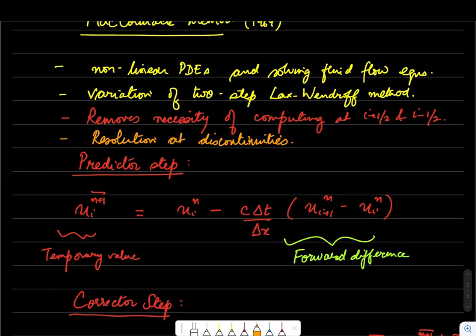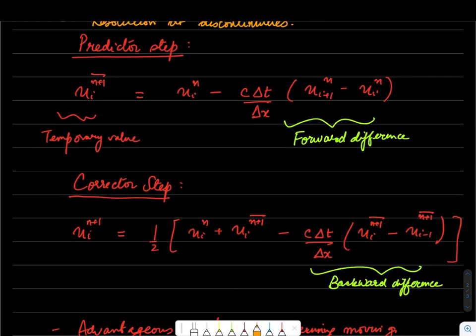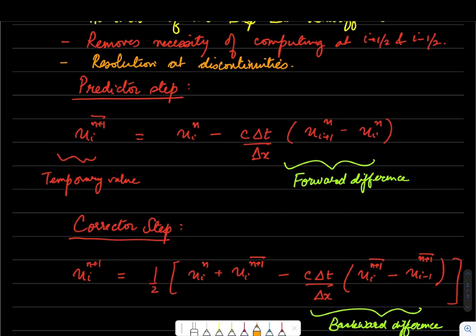This improved resolution happens because we switch the differencing in the corrector and predictor steps. So we have a forward difference in one case and the backward difference in the other case. And in fact, this is also the reason why I have assigned this scheme as a project for you to work out in the class, to see whether this scheme can actually resolve a sharp discontinuity in the flow.